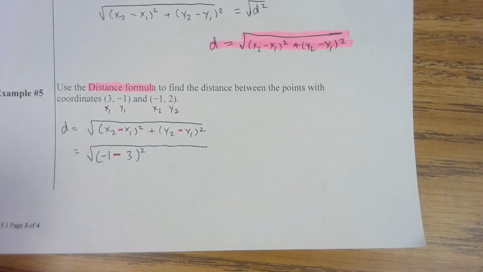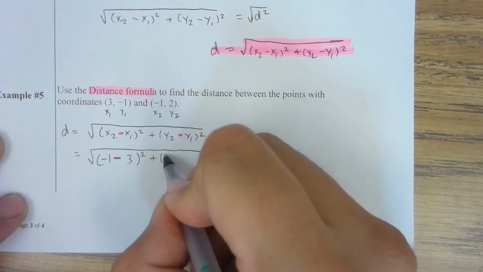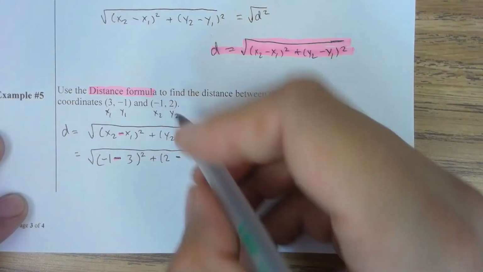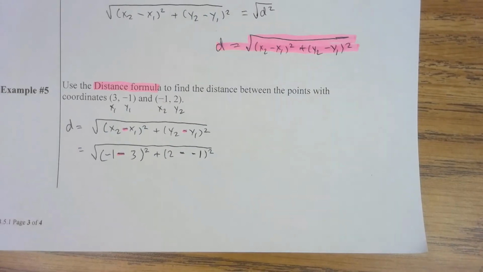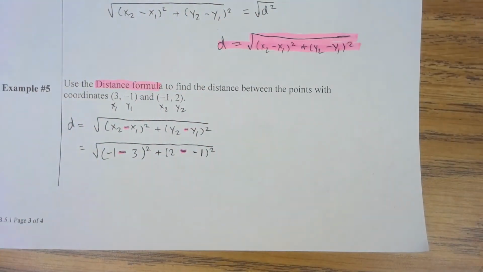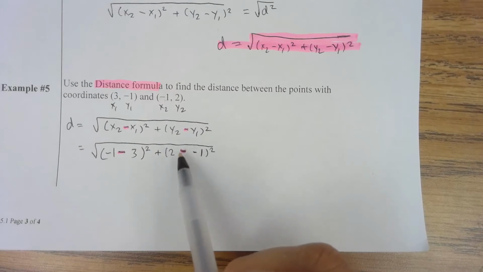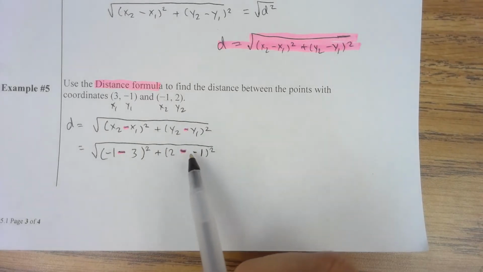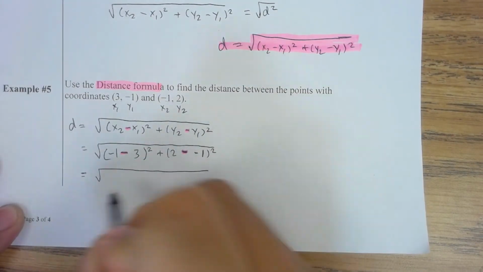Okay, plus y2 here is 2 minus y1 here is -1 squared. Now let's go ahead and simplify this. Here we can do it easily. Here you should notice something. What do you notice about this? This one should become positive. So let's go ahead and change that so we don't get confused.